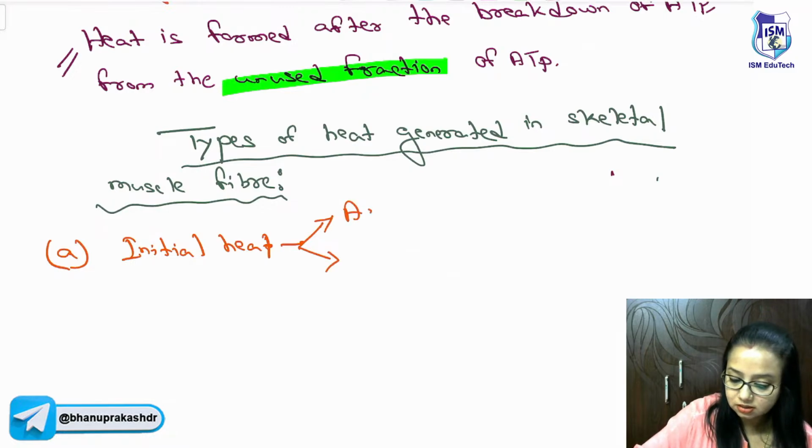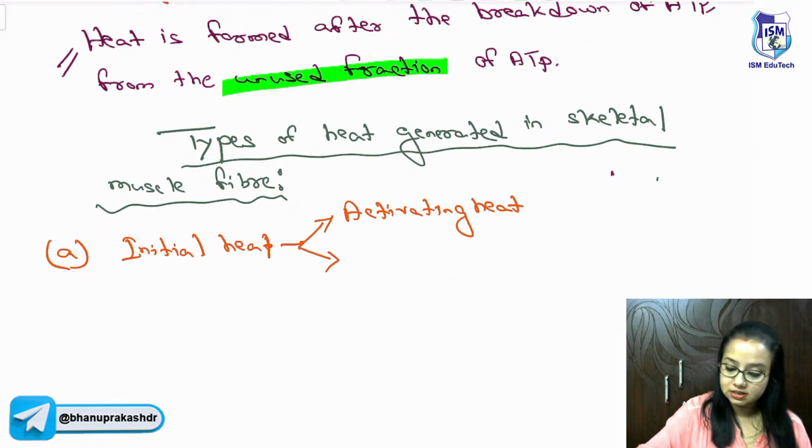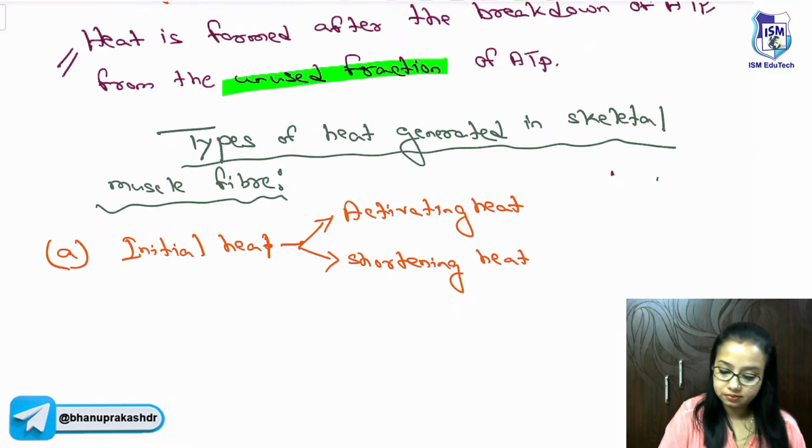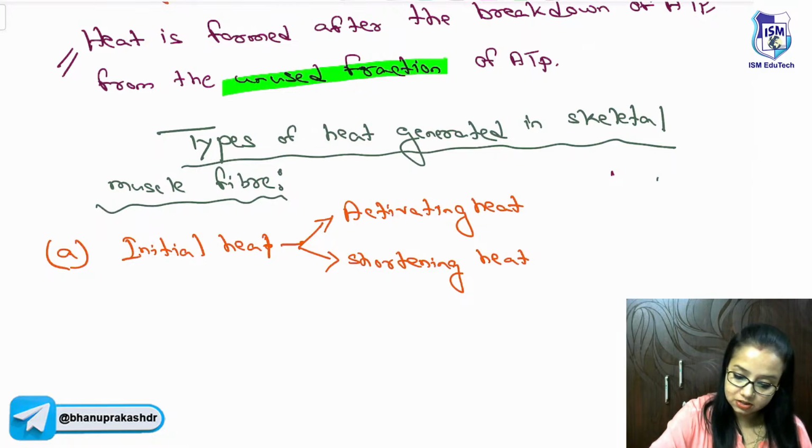One is the activating heat, another is the shortening heat. Okay, now this initial heat is also a part of the contraction heat. Now again, what are these two types of heat, the activating heat and the shortening heat?